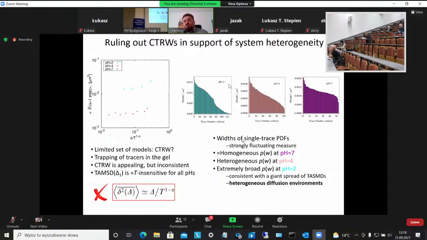While at pH 2 on the left here, the width of each PDF is very strongly variable as a function of the particle number. So the ensemble of particles is very heterogeneous, and this heterogeneity, being sampled by particles, is actually a cause of non-ergodic and non-Gaussian diffusion, if you wish, for this set of data.